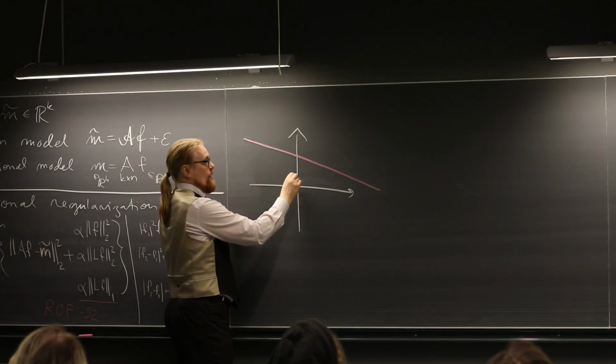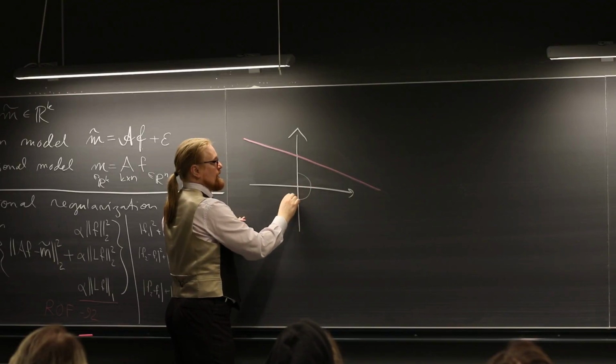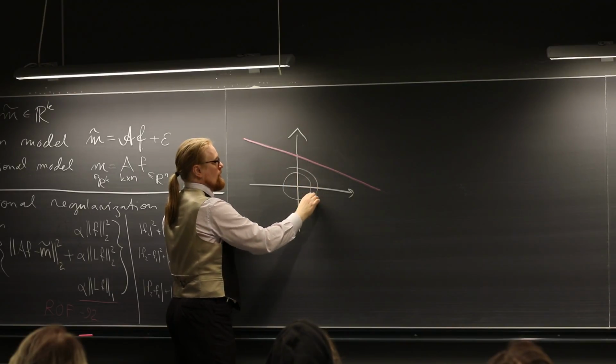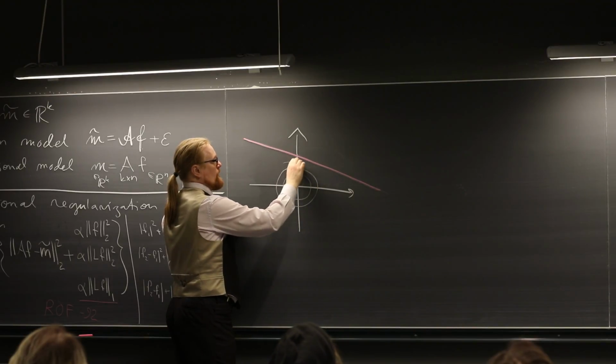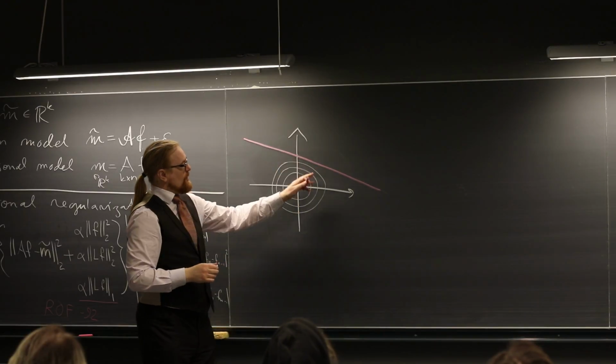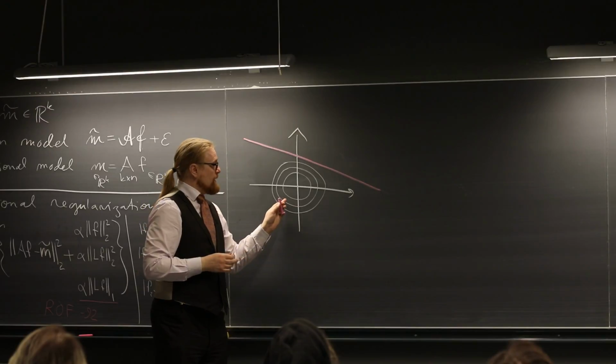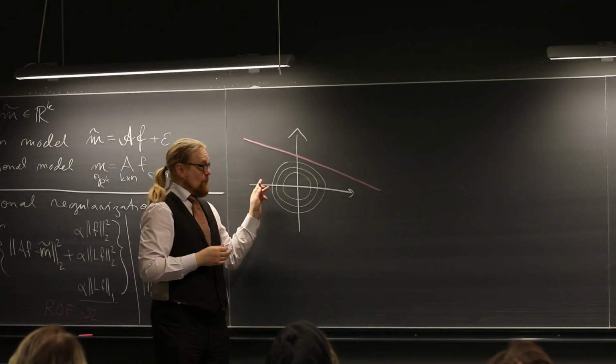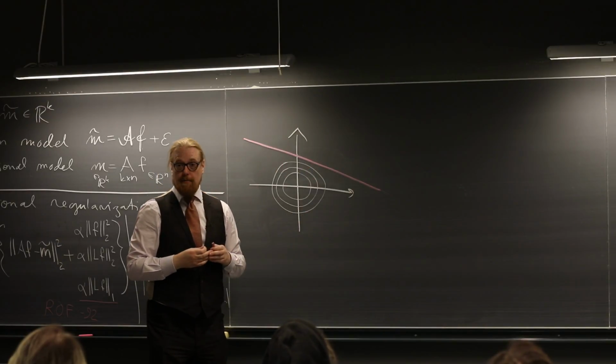So one way to think about it is that let's draw spheres. Along each of these spheres, the 2 norm of all the vectors is the same.